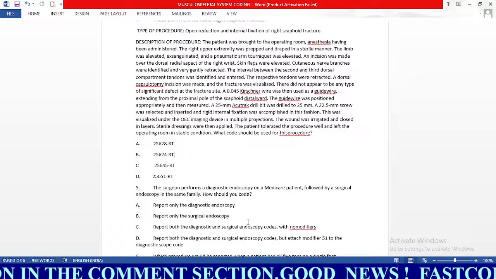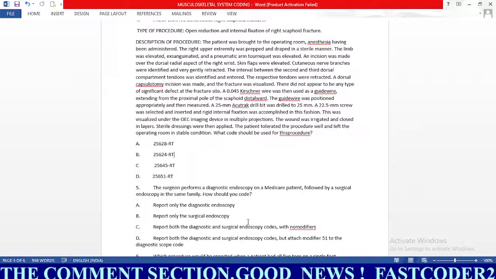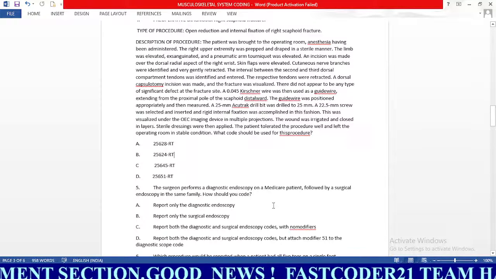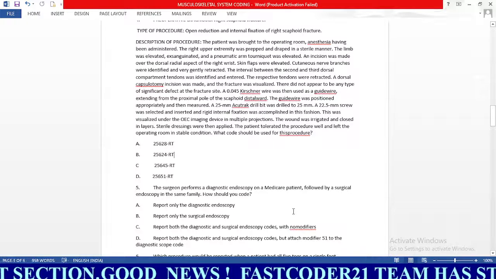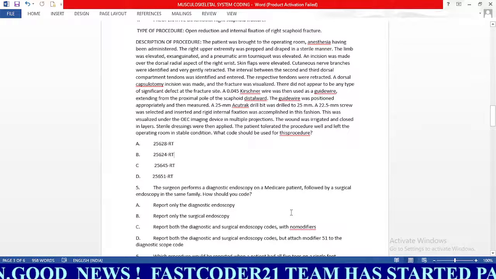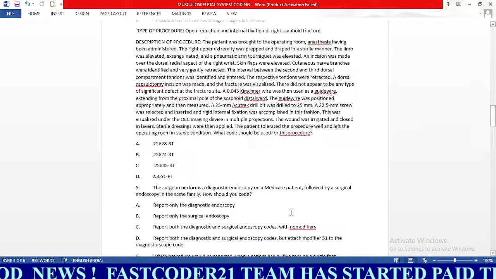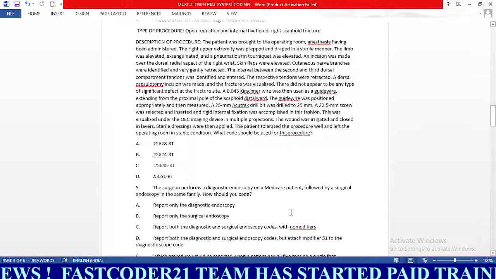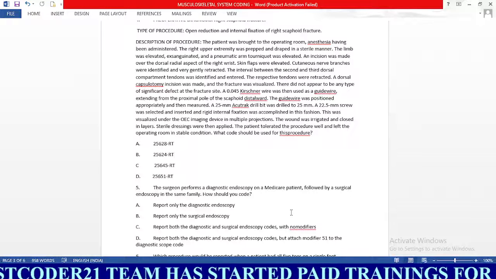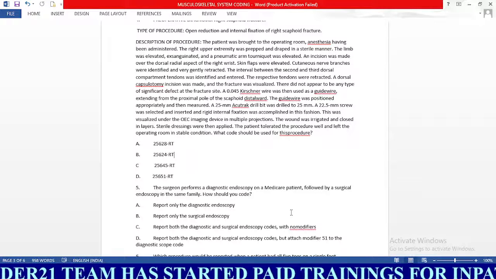Now time is over, we will discuss. The surgeon performs a diagnostic endoscopy on a Medicare patient, followed by a surgical endoscopy in the same family. How should you code? As all of us know, based on CPT guidelines, surgical endoscopy always includes diagnostic endoscopy.